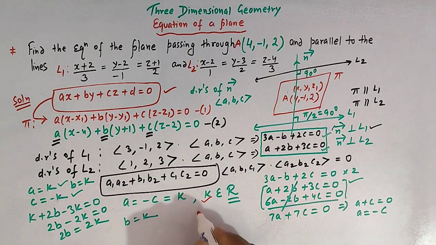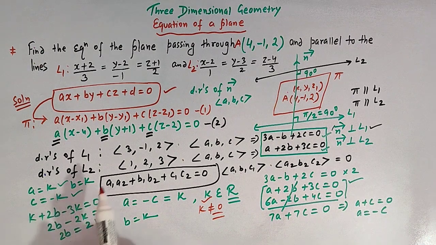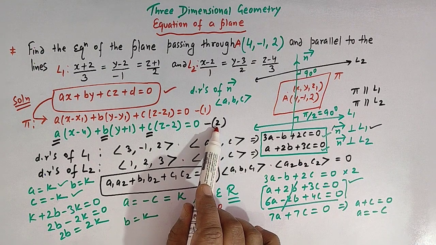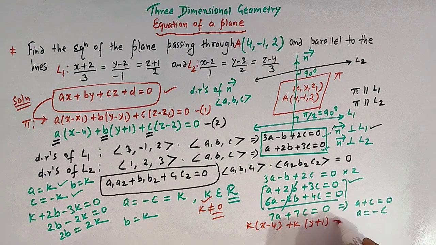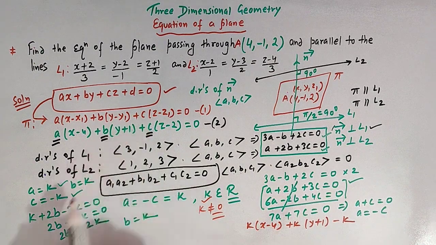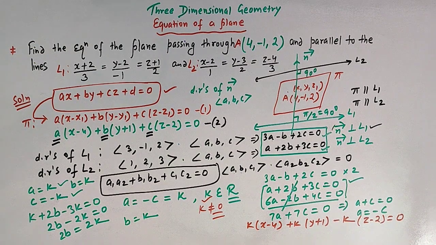And now since k is not equal to 0, we can substitute a, b and c in equation number 2, right? So what we will get is k times x minus 4, then we have b, that is k, times y plus 1, and then we have minus k, that is c, times z minus 2 is equal to 0, right?